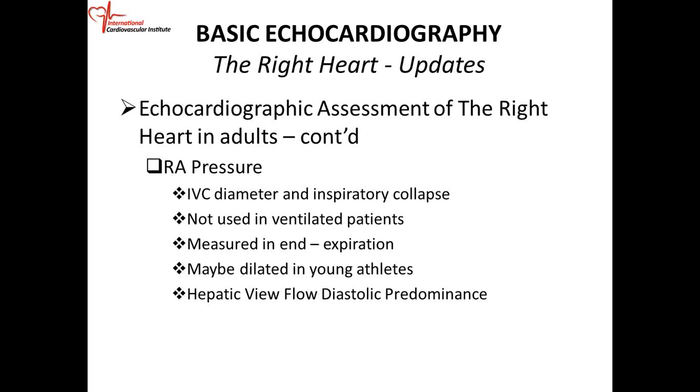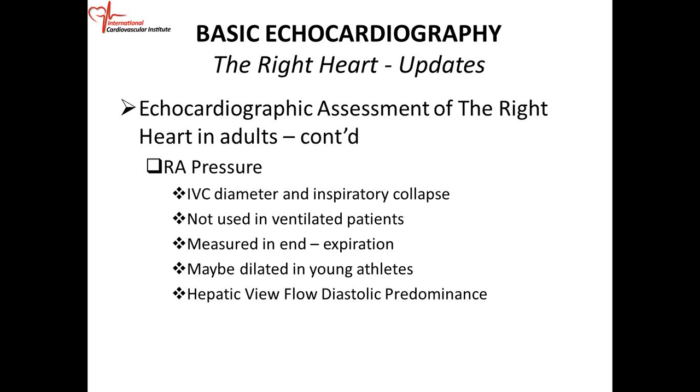If the IVC is greater than 2.1 centimeters, and you have less than 50% collapse with inspiration, the right atrial pressure is 15 millimeters mercury or more. Anything that falls in between those two extremes, we give the right atrial pressure 8 millimeters mercury. So the numbers you have to memorize are 3, 8, and 15.